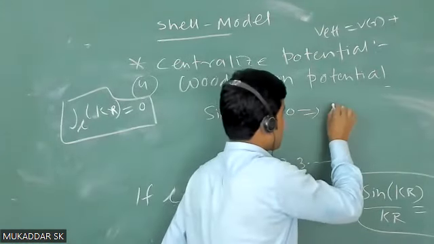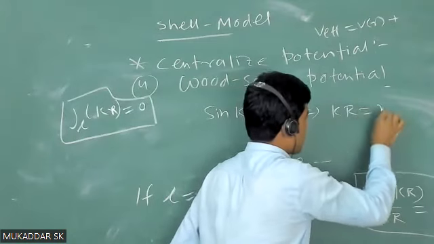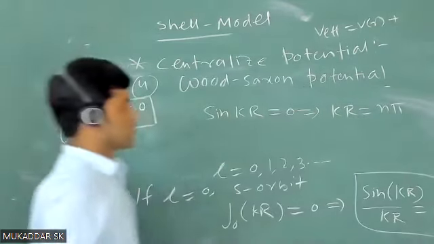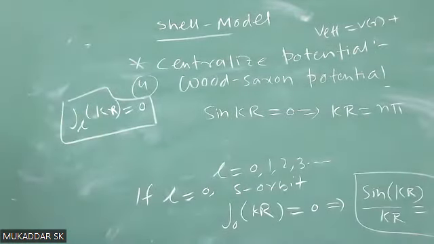It means KR equals to how much? N of pi. Now, what is the possible value of N here? Sir, 1, 2, 3. Why not 0?